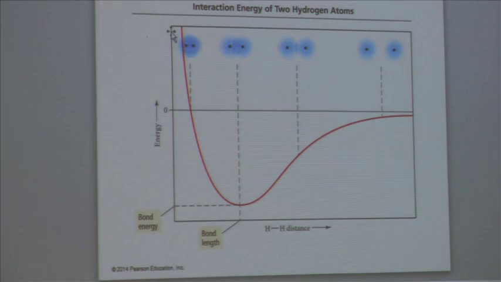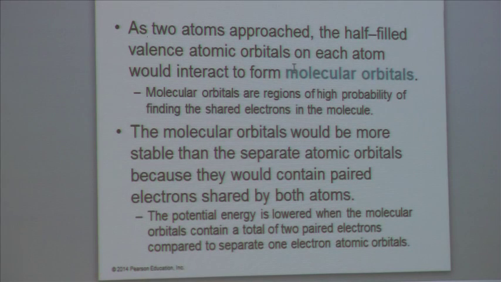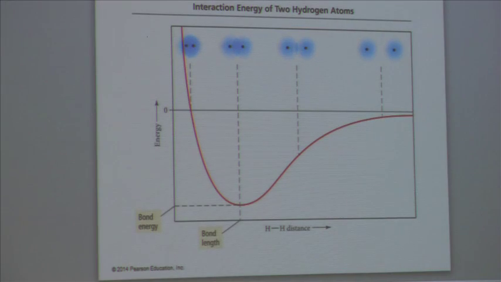And here we have the interaction, the potential energy diagram of two hydrogen atoms. Quantum mechanically, we can do these calculations. And then we also want to look at the molecular orbitals as two atoms approach each other. So the molecular orbitals would be more stable than the separate atomic orbitals.